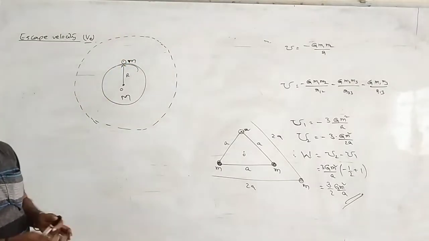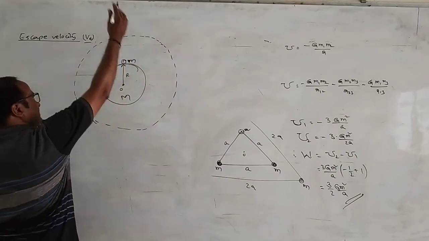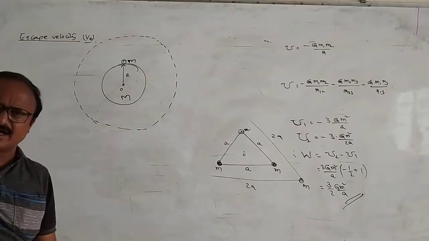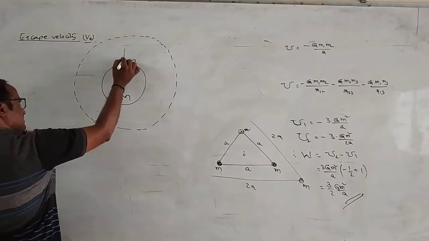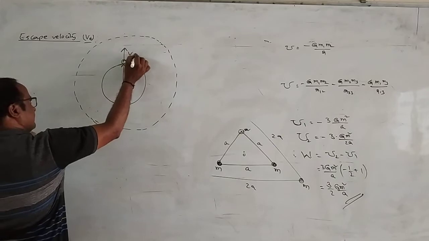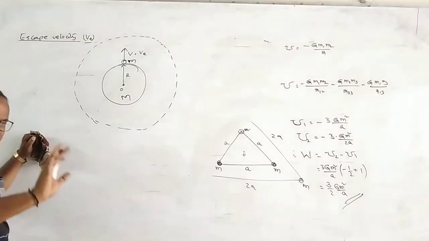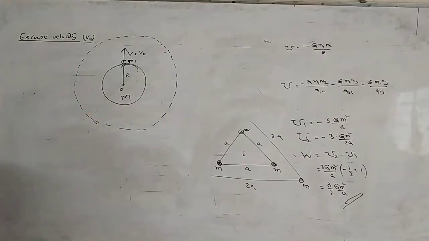Suppose the body is projected with a velocity so that it just escapes the Earth's gravitational field and cannot return. Therefore, that minimum velocity with which a body is projected so that it can completely escape the Earth's gravitational field is defined as the escape velocity.